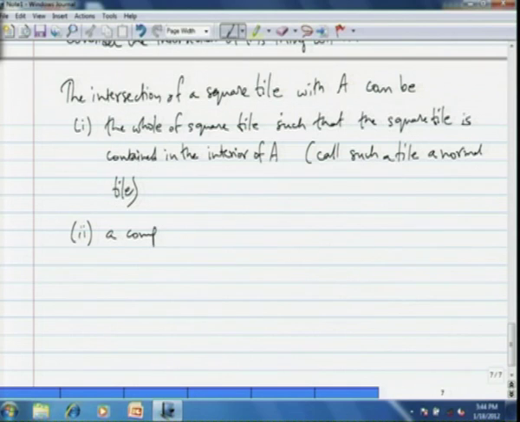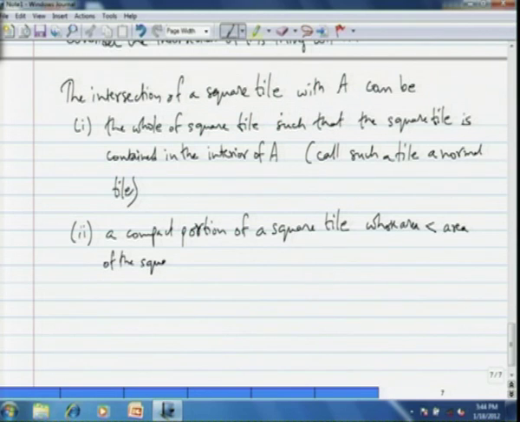It could be a compact portion of a square tile whose area is strictly less than the area of the square. Call such a portion of a tile a special tile.